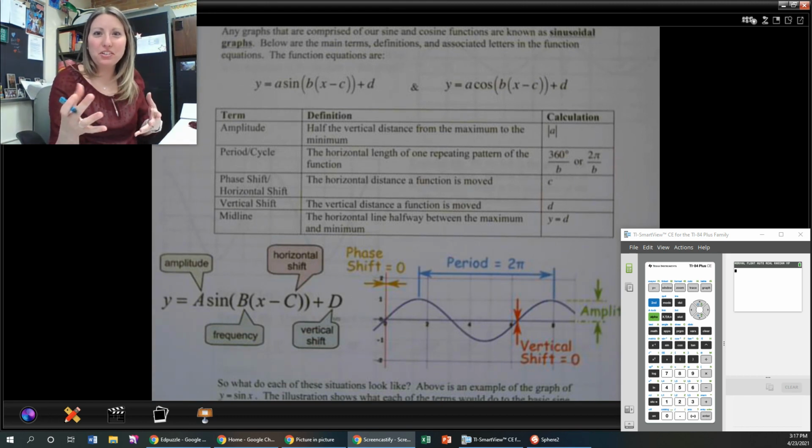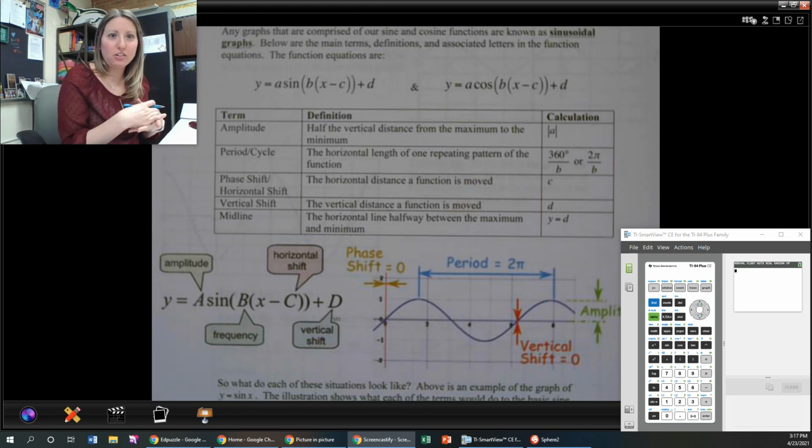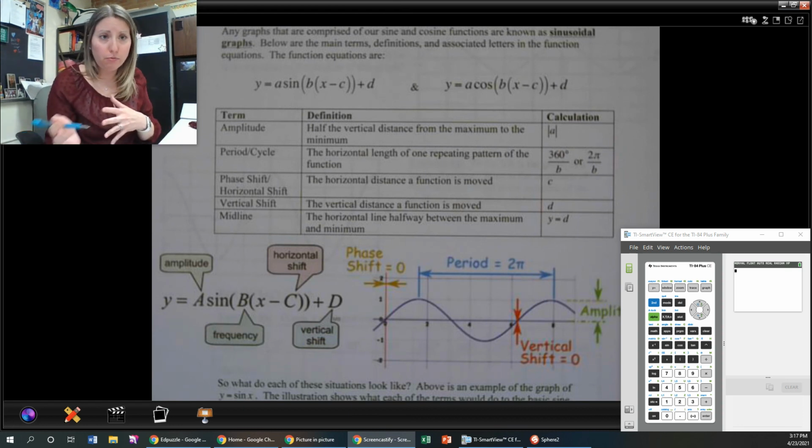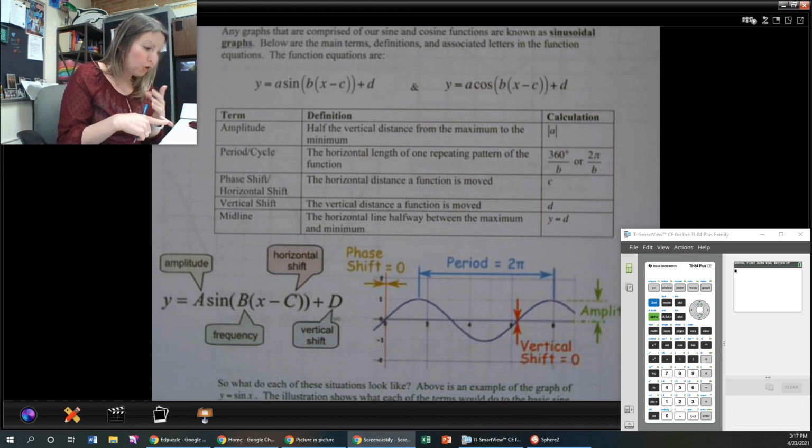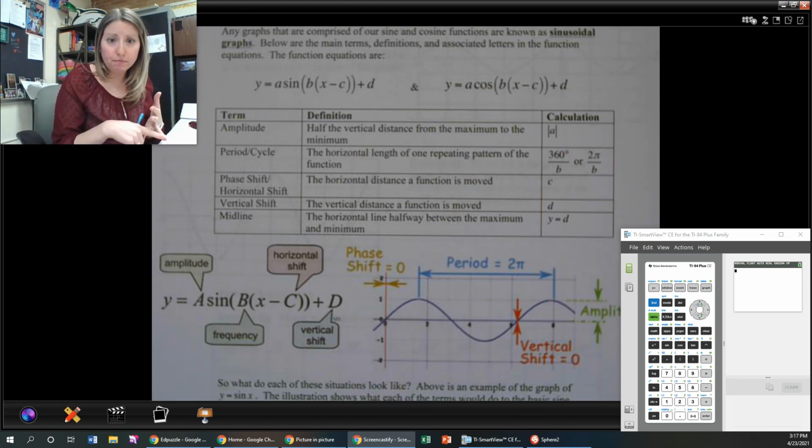Our sine and cosine functions are considered our sinusoidal graphs. Each of these has an amplitude, a period, a phase shift, also known as a horizontal shift, a vertical shift, and a midline.